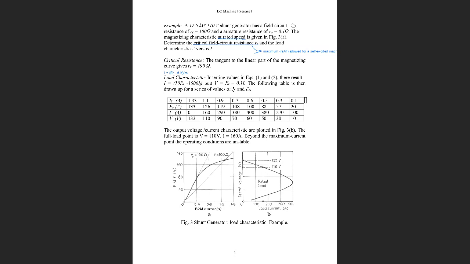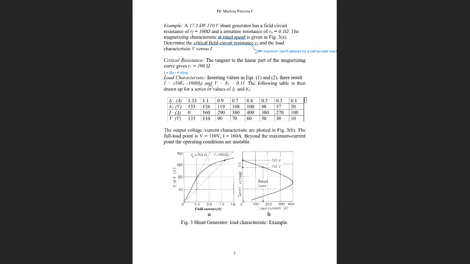RA given here is 0.1, so 1 over 0.1 is 10, and RF is 100 ohms, so 100 over 0.1 is 1,000. So I equals 10 ER minus 1,000 IF.